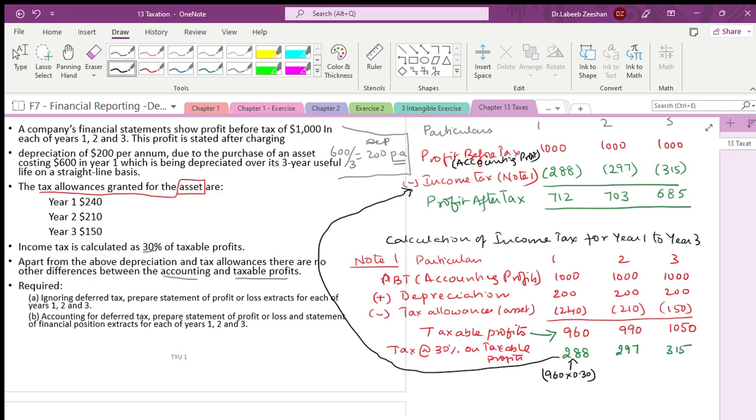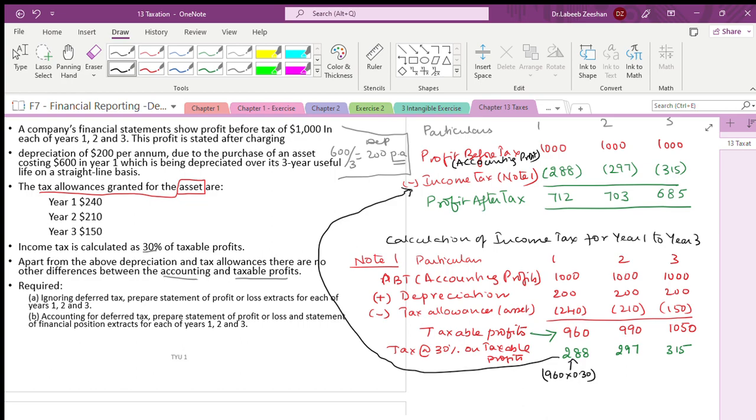Taxable profits, the calculation of taxable profits, is where we make adjustments. We have to add depreciation, we have to deduct allowances for the asset, and on whatever amount we get, on that basis we calculate the tax expense.